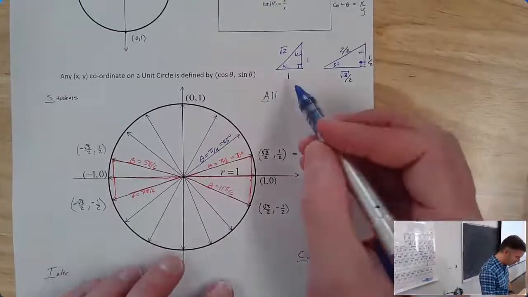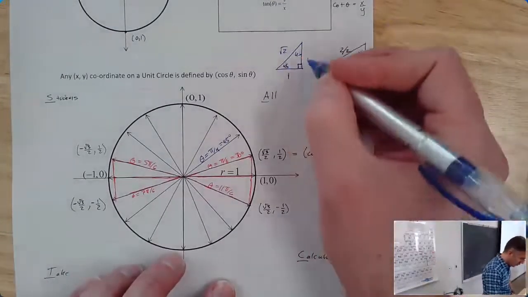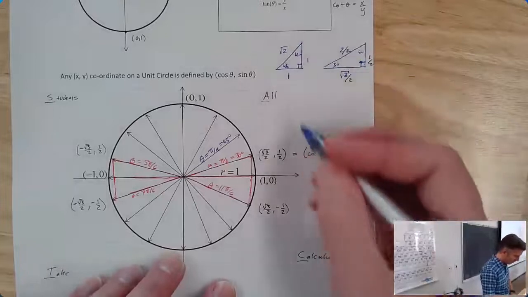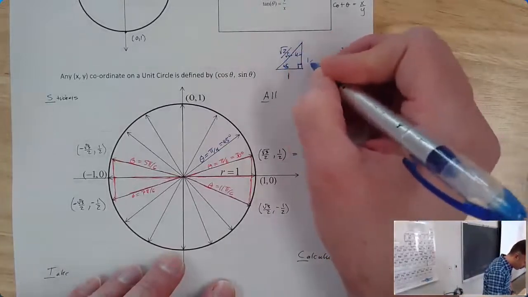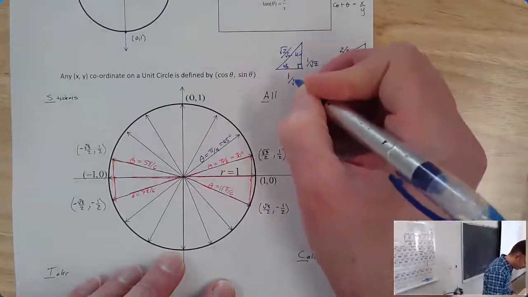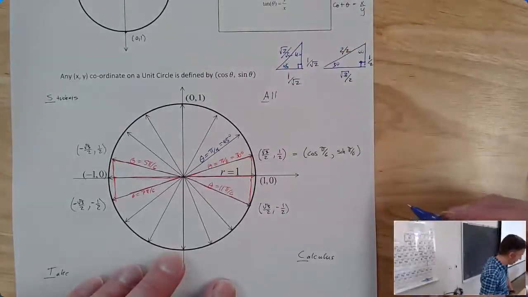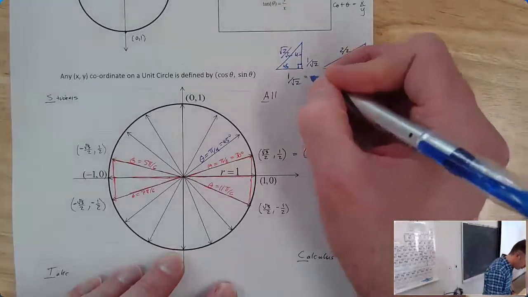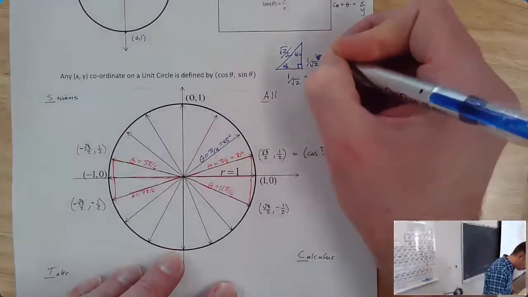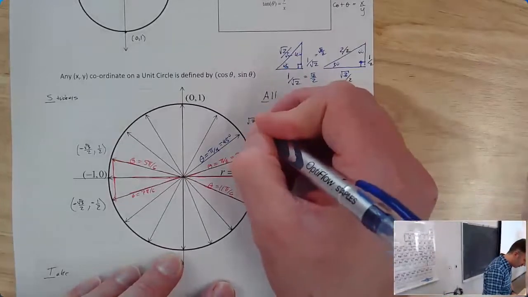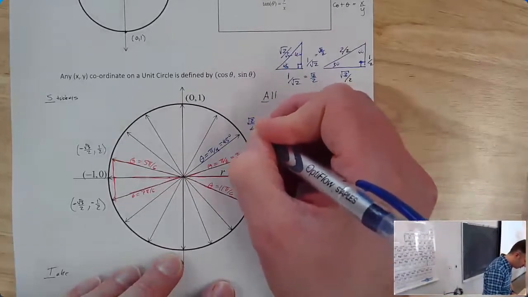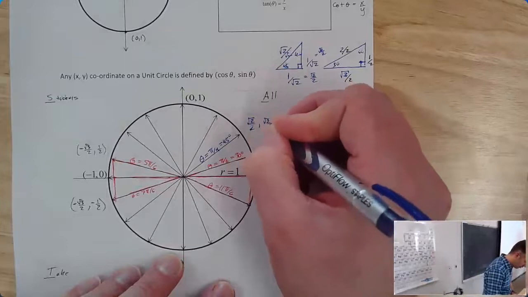And for 45 degrees, instead of doing 1 over root 2 for sine and 1 over root 2 for cosine, we're going to divide everything by root 2. So the hypotenuse still has a length of 1. And we're going to get 1 over root 2, comma 1 over root 2, or root 2 over 2, root 2 over 2. So this point here is root 2 over 2, comma root 2 over 2.